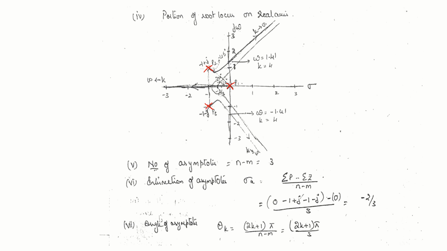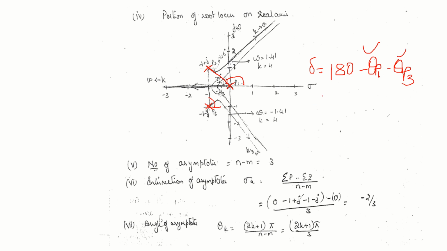Now, breakaway points. Now you can find the angle of departure delta is equal to 180 minus theta p1, means join this line and get this angle, and this is 90 degree. So minus theta p1, you call it as minus theta p3.